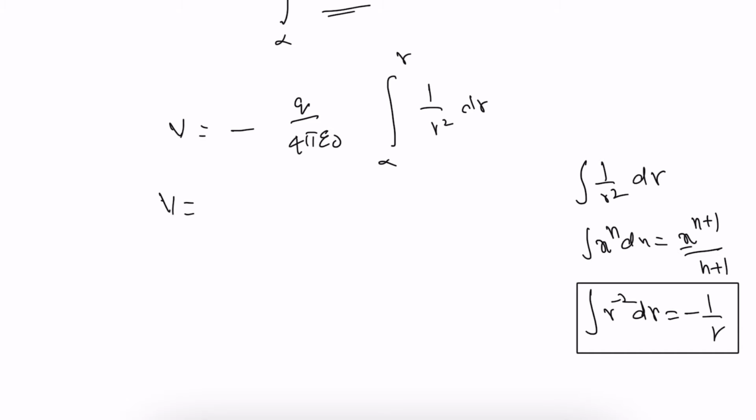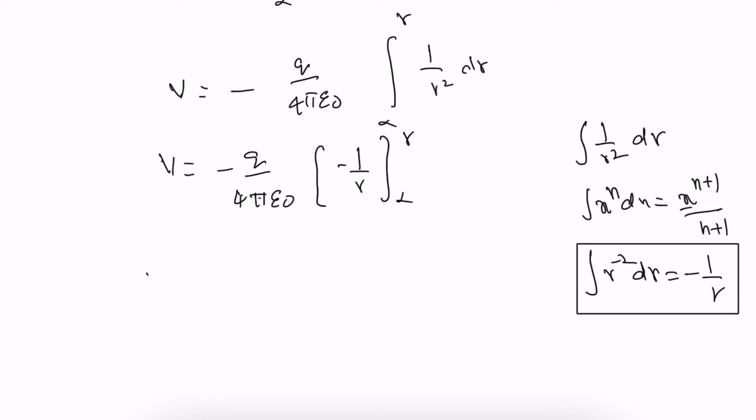So we have minus q by 4 pi epsilon naught times the integration of 1 by r square, that is minus 1 by r, from infinity to r. V is equal to minus q by 4 pi epsilon naught.